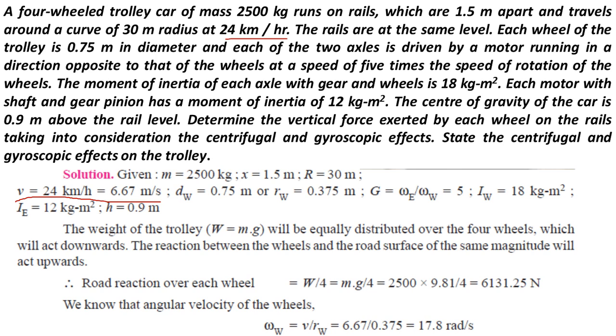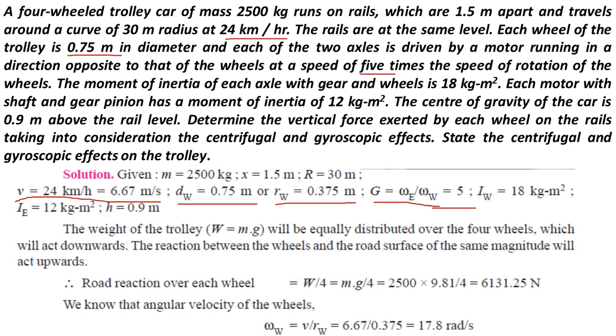Diameter is given here 0.75 meters, so dw is 0.75 meter, and then radius will be 0.375 meter. So G will be equal to omega e by omega w, that will be nothing but 5. This is given 5 times, so we take it as 5.